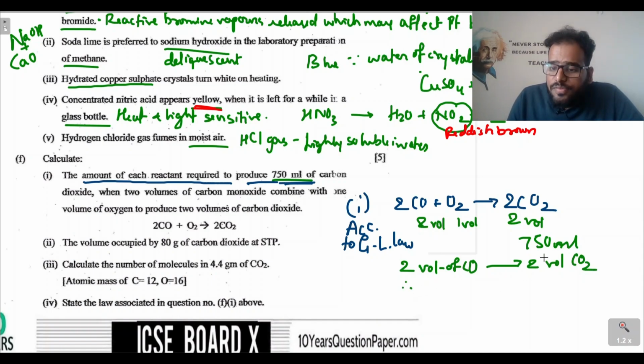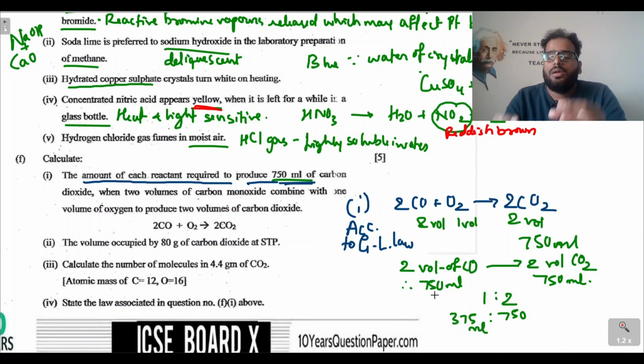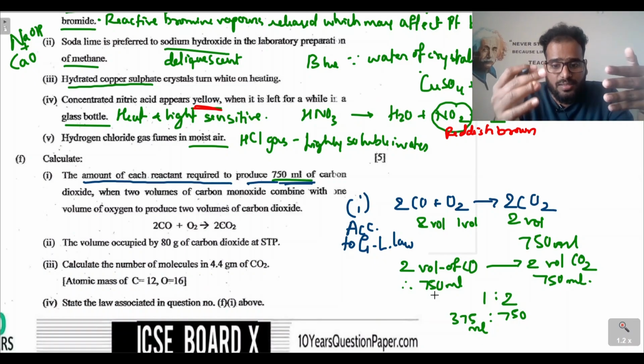Therefore, to form 750 ml of CO2, how much do we need? 1:1 ratio, right? 750 ml of CO we need. Okay? Because the ratio is 1:1 between CO and CO2. What is the ratio between oxygen and CO2? 1:2. So for 750 ml you have to take half. Right? It will be 375 ml. So simply you will write, 1 volume of oxygen gives 2 volume of CO2. Therefore, to get 750 ml of CO2, how much oxygen is needed? You have to write the sentences. Then only you will get 2 marks here.